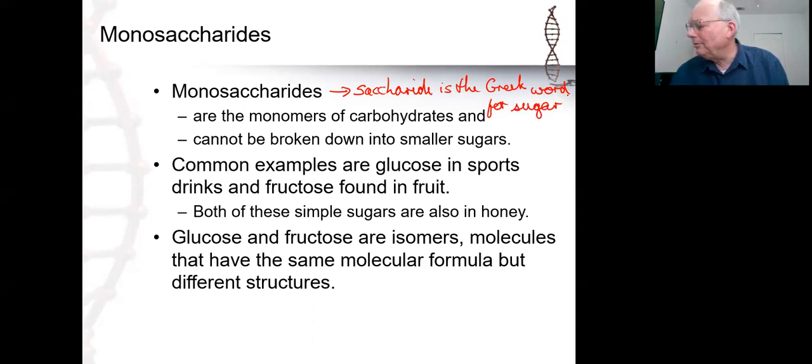So a monosaccharide is simply a single sugar. And these are the smallest of the sugars. These are the ones that are typically used for energy. So glucose is what we refer to as blood sugar. And it is the primary fuel that all of our cells and our body in general prefers to utilize as a source of energy, particularly the brain.